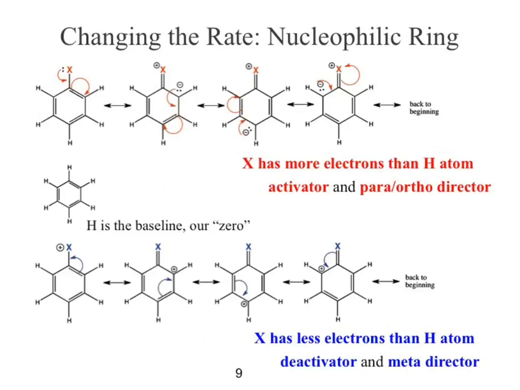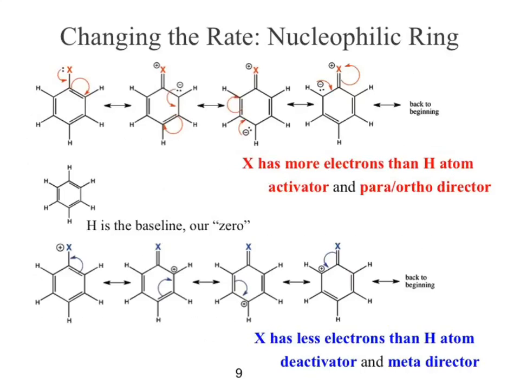The trickier part is, if it's forced to react, where does it go? Well, when you look at your resonance structures, the ortho and para positions are covered in positive charge. Those positions cannot physically react because of the positive-positive repulsion between your resonance structure and the electrophile. That leaves you only 2 other positions.